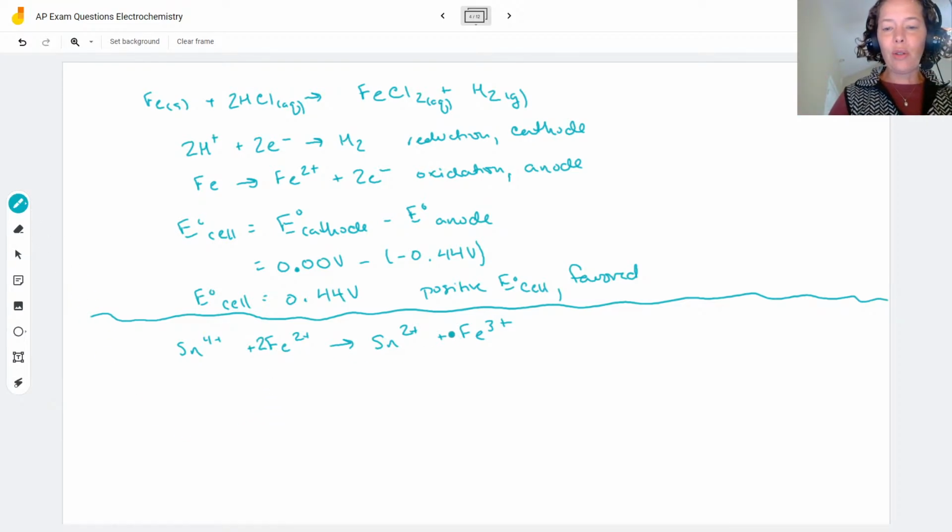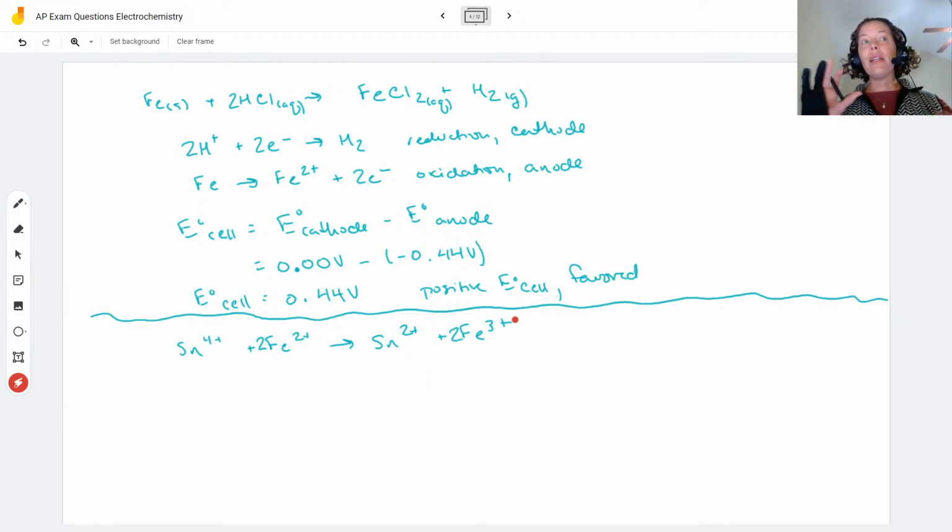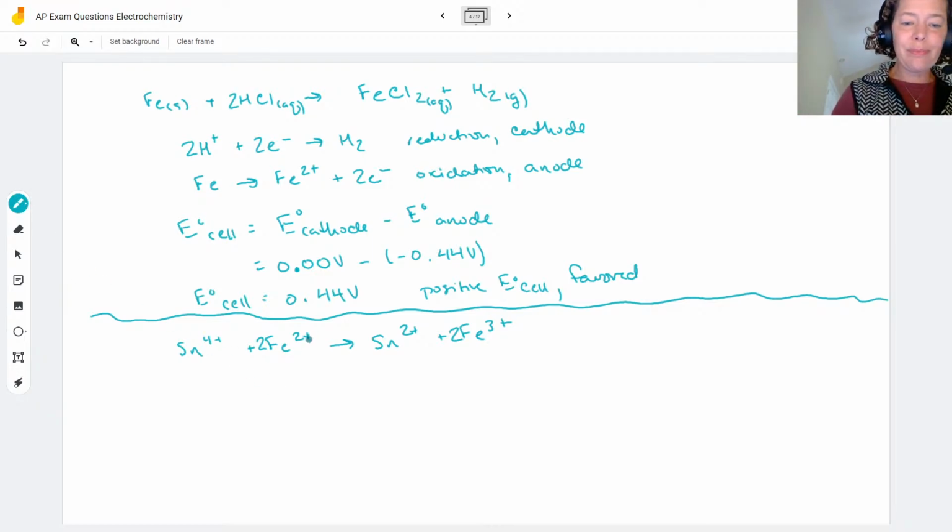I'm just going to put a 2 here and here. So what I've done is this is now a total charge of +4 plus +4, which is 8. This is +2 plus +6, which is also 8. So it's not that your charges have to be 0 on both sides. They just have to be the same on both sides. And then you have a balanced equation.